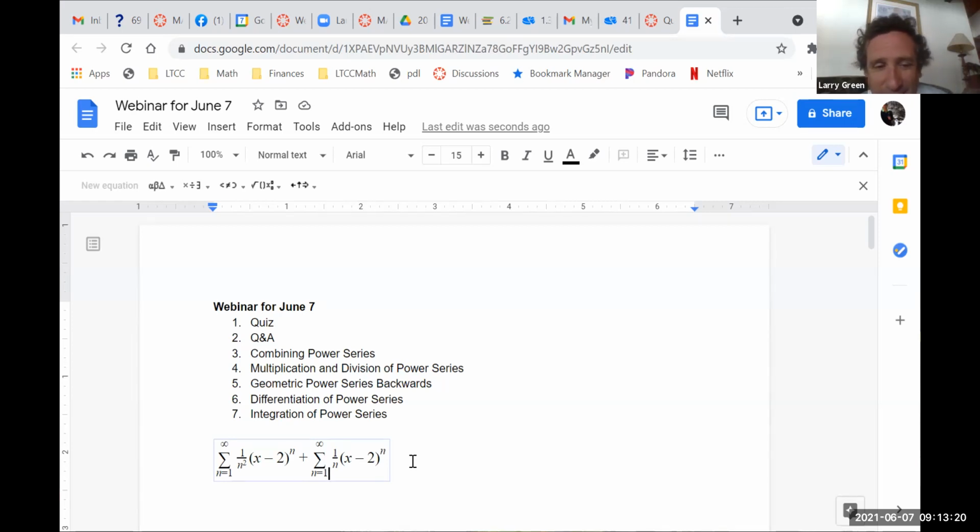Factor out the x minus 2 to the n. That's the second step, actually. What's the first step? It might be so obvious that you're not even thinking that you have to say it, but actually it is very deep, even though it doesn't look deep when you do it. Any thoughts?